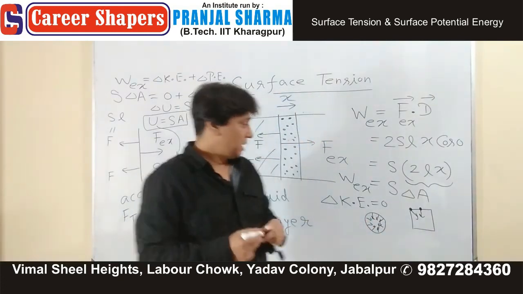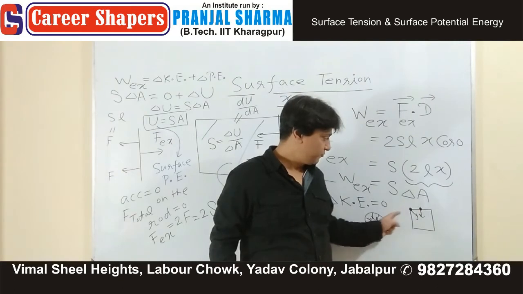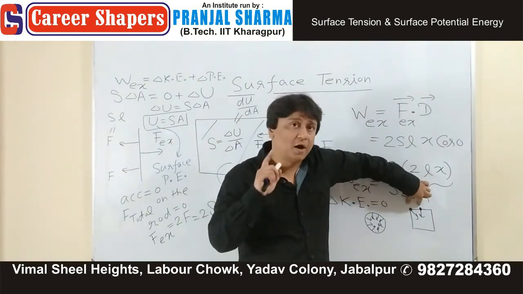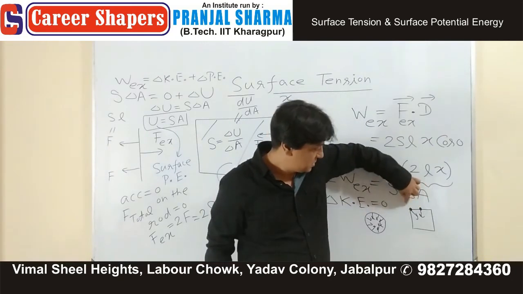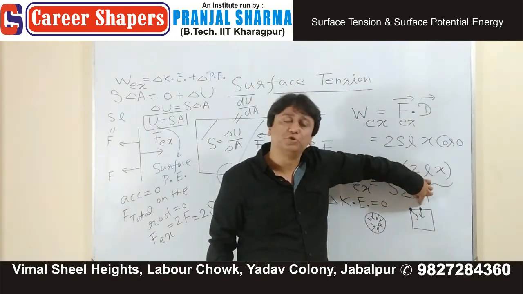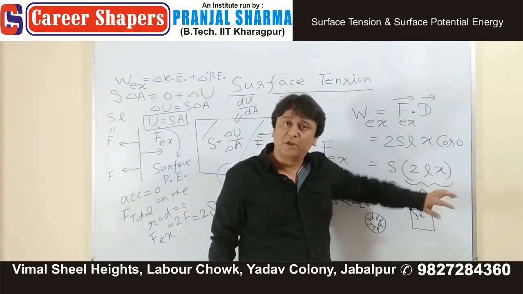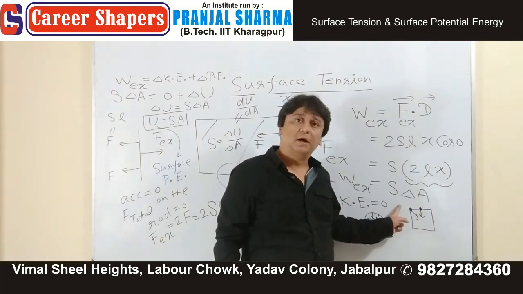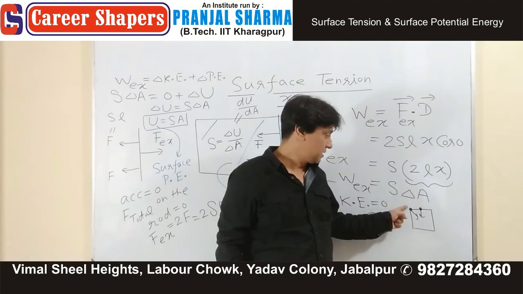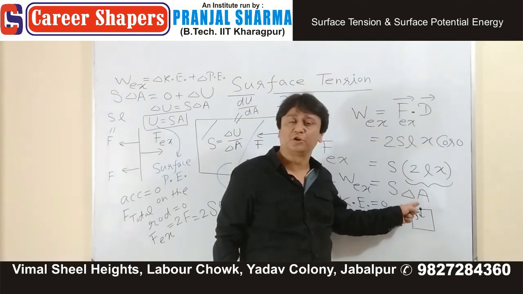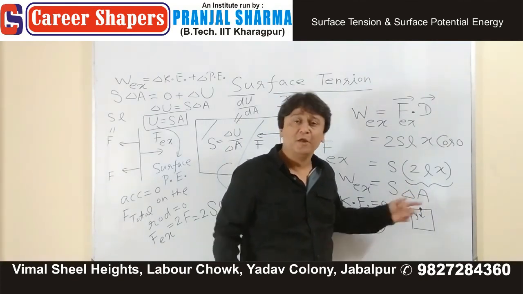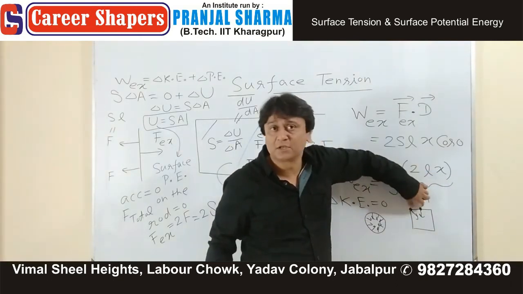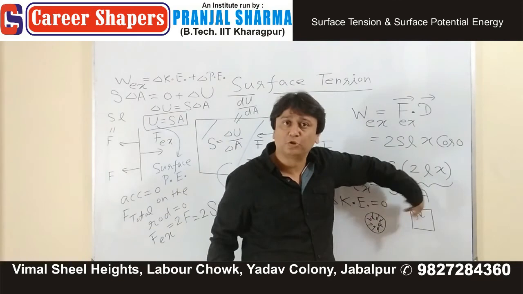But for this molecule and for this molecule, things are different. They are under different forces. There is always a chance that this one wants to move to this position, or this one wants to move to this position, because they find that conditions are different at both places.